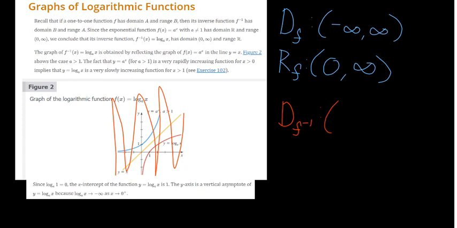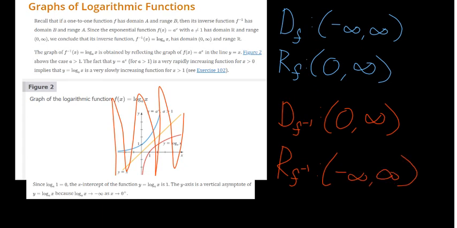It's going to be 0 to infinity, and then the range of f inverse is going to be the domain of f, which is negative infinity to positive infinity. Okay, and then I, for once in my life, actually color coordinated along with the textbook, right? So blue is f, my a raised to the x power, and red is my logarithmic function, log base a of x.